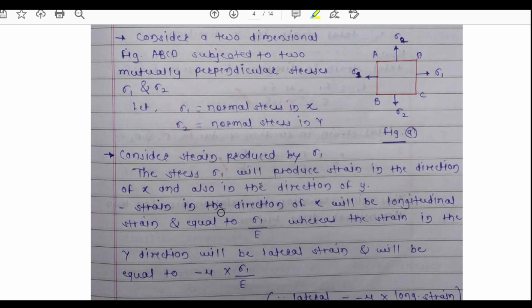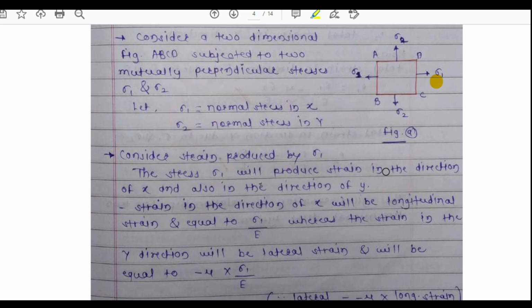Now the strain in the x direction will be the longitudinal strain, and at the same time the strain in the y direction will be the lateral strain. Why? Because this sigma 1 is acting in the direction of x. So whatever strain is in the x direction will be longitudinal, and whatever strain is in the y direction will be lateral strain.